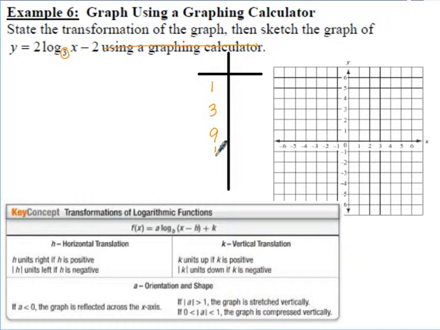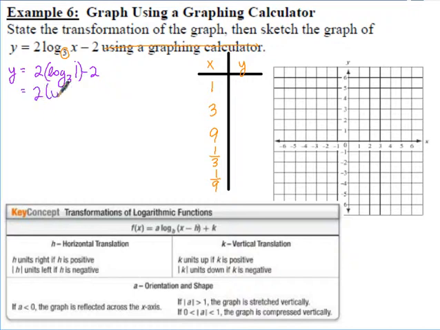So we're going to say y equals 2 times the log base 3 of 1 minus 2. Well, log base 3 of 1 is just a 0. So 2 times 0 minus 2 just gives you -2.